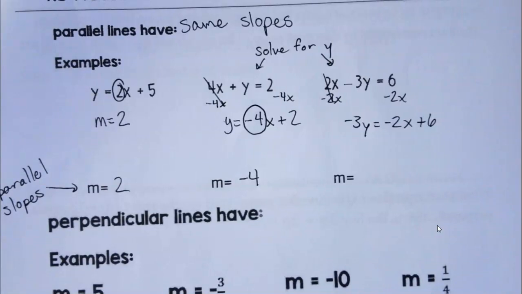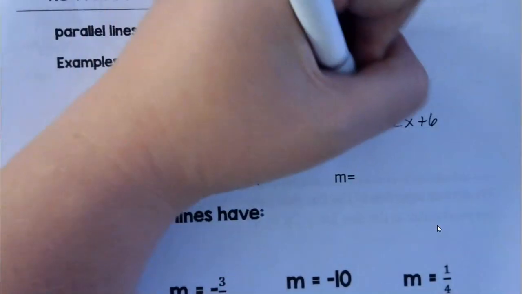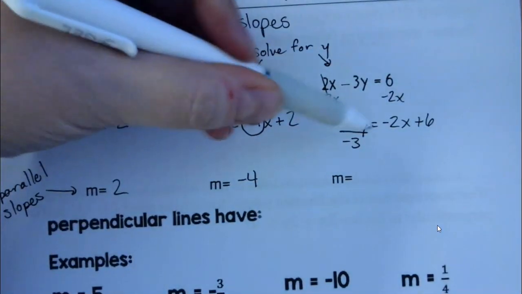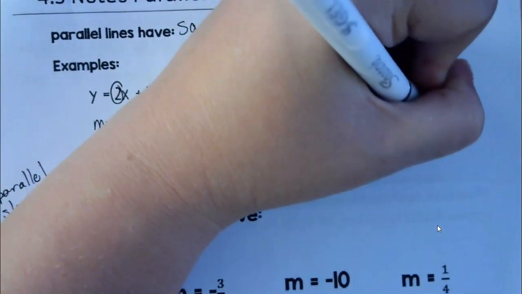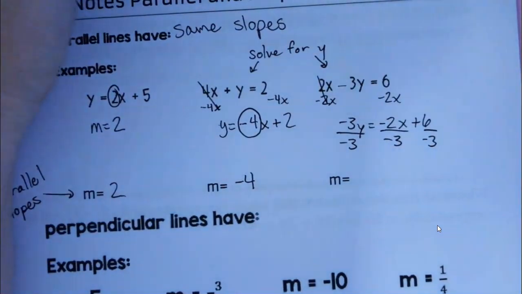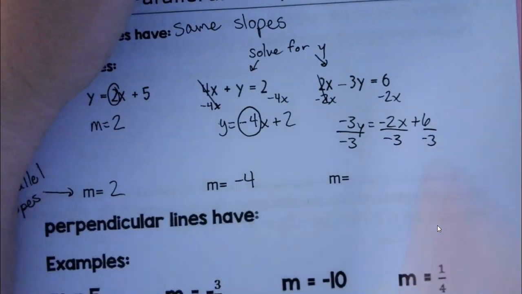You move the coefficient in front of x and the x over, and that sign needs to change. Then you want to get y all by itself, so you've got to divide by -3. Because of this plus sign, you must divide this by -3 as well as this number right here, 6, which needs to be divided by -3.